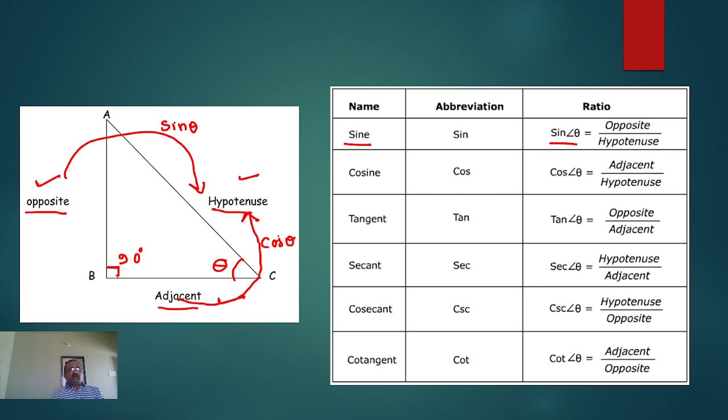We have taken the ratio of opposite upon hypotenuse, which is sine theta, and the ratio of adjacent upon hypotenuse, which is cos theta. These are the two basic ratios.